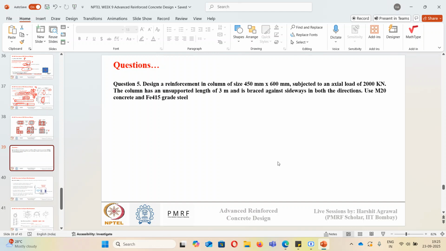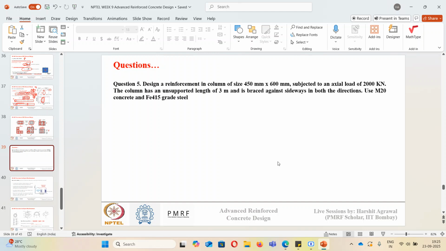Once you have checked that it is a short column, what will you do next? Then we'll check the eccentricity. What is the minimum eccentricity? If that minimum eccentricity is less than 0.05 times the lateral dimension, then we can design it as an axially loaded short column.